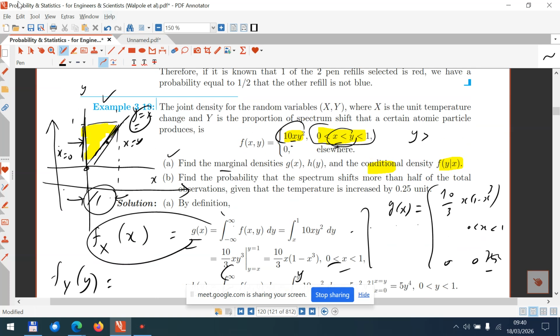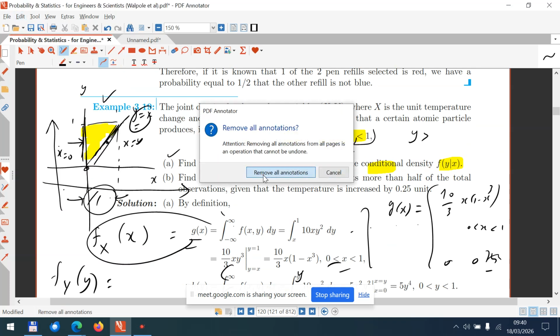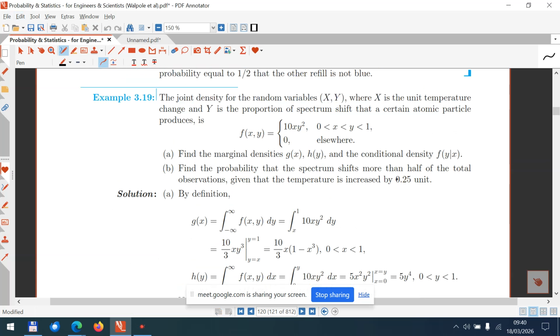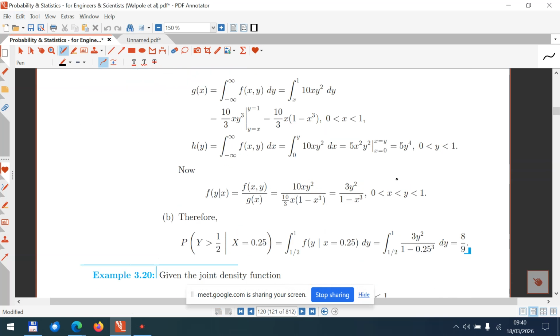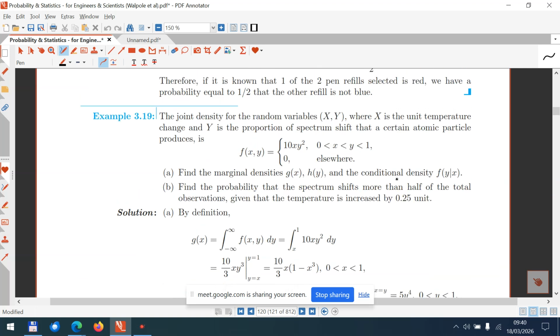Now let's get rid of the annotation tools and see if we can deal with part B. In part B, you are asked for the probability that the spectrum shifts more than half of the total observations. What is the spectrum here?